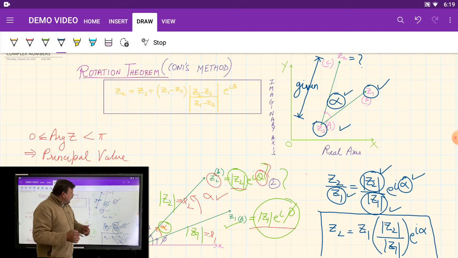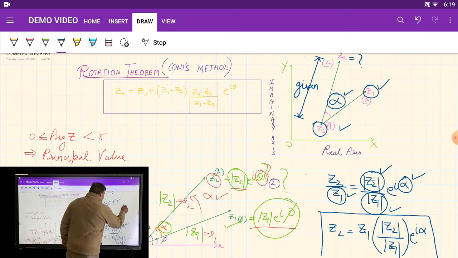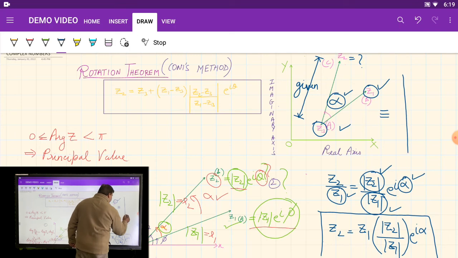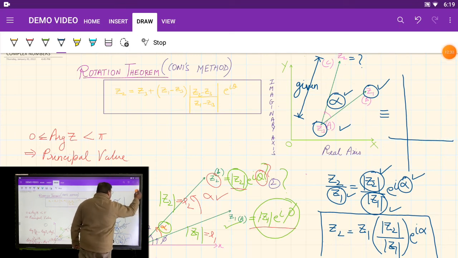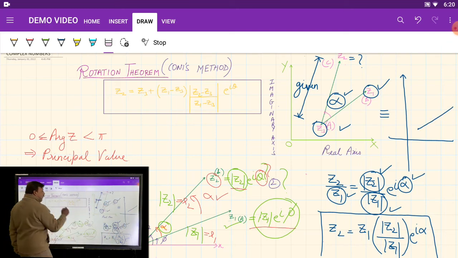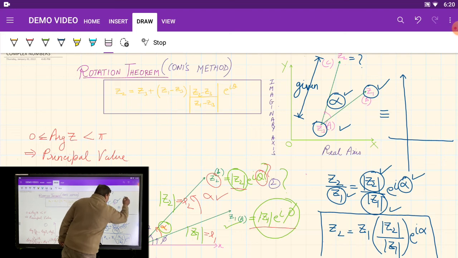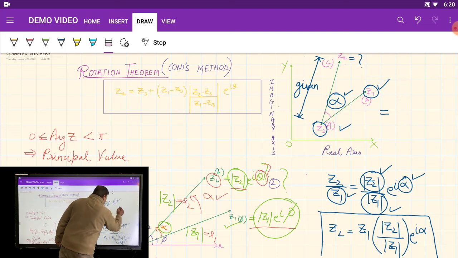But to convert it into like this, what I'll have to do? I'll have to shift it into a form wherein, excuse me, why don't I take another page?